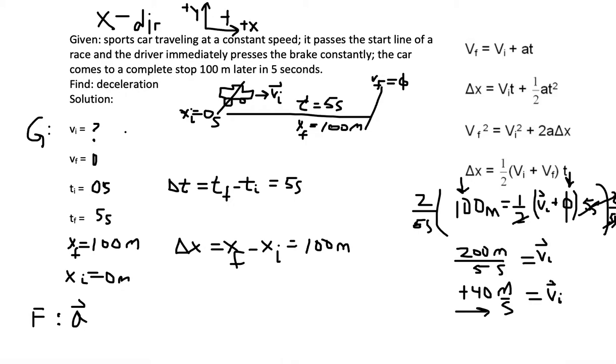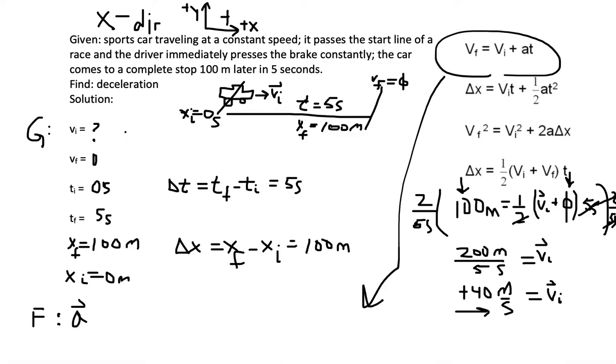I'm not going to box it because it's not asking for that. It's asking for acceleration. Now we can go to another one of these equations. Let's choose the first one. It says V final, which is 0, is equal to V initial, which is 40 meters per second, plus AT. And the time is 5 seconds.